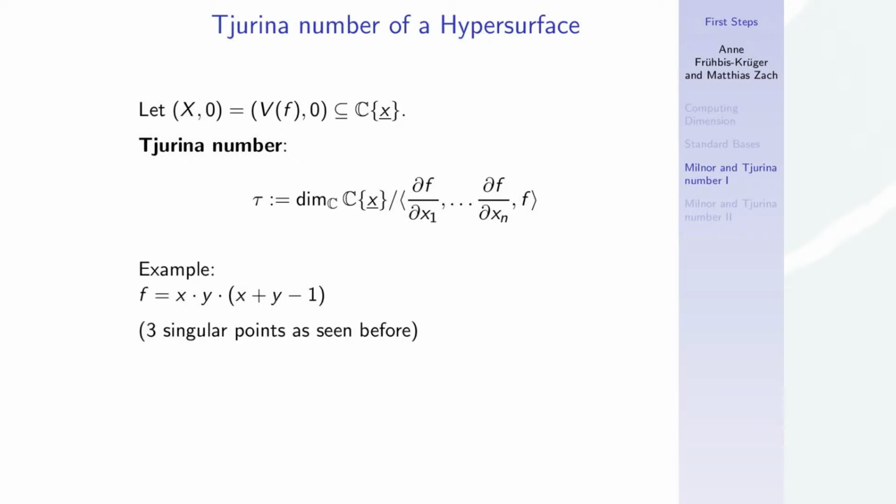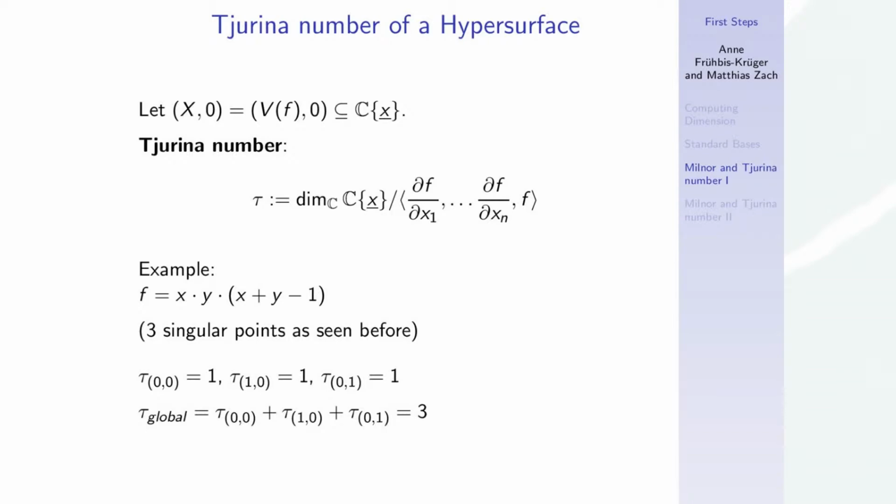Let's get back to our example. Remember we had 3 singular points, and the 3 singular points each have a contribution of 1, and it sums up to the global Tjurina number of 3.